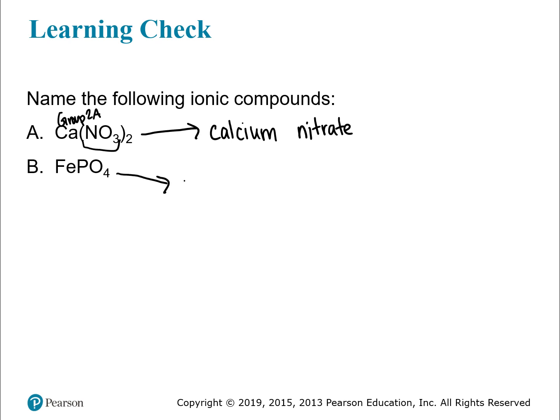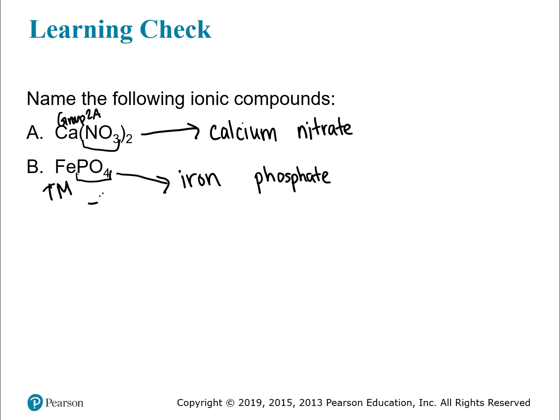The second one, we know our first word is iron. That's the metal. But iron is a transition metal, and it's not one of our exceptions. So that means we're going to have to figure out the charge from the polyatomic ion. You look up PO4, and it's phosphate.